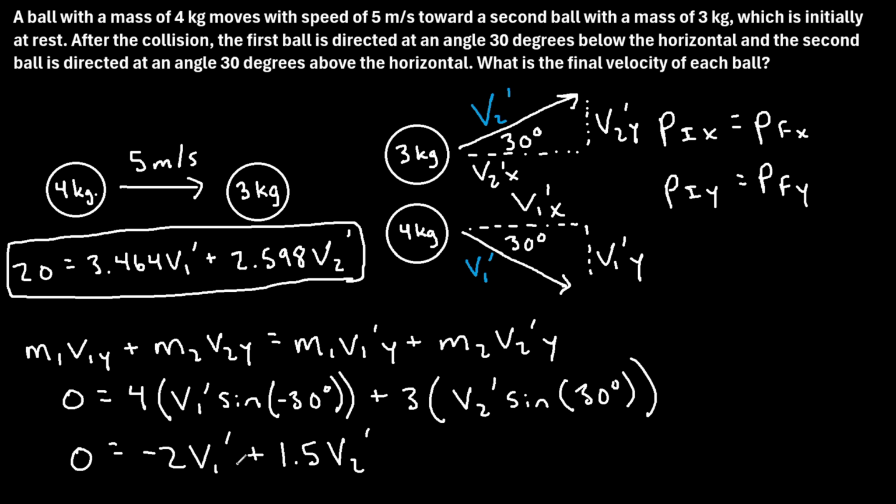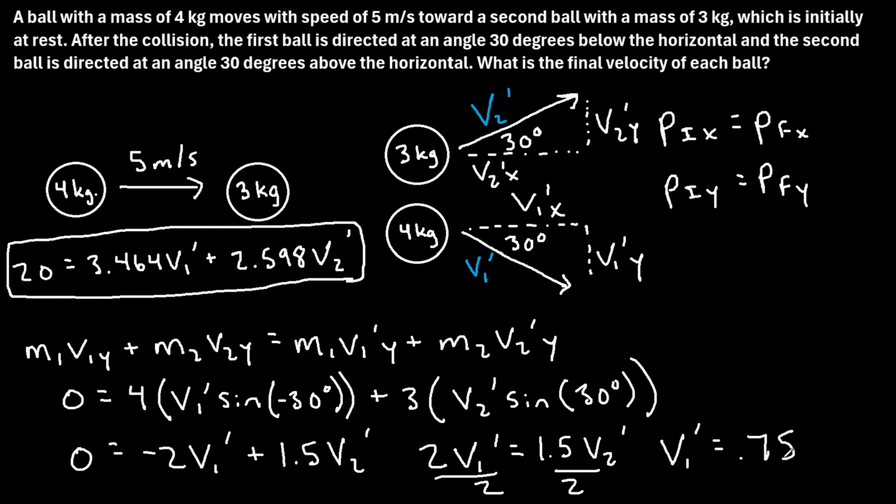Now, notice what we can do in this equation. We can move this expression to the left-hand side, so we get positive 2 times the final velocity of the first ball is equal to 1.5 times the final velocity of the second ball. We can solve for the final velocity of the first ball by dividing both sides by 2. So the final velocity of the first ball is equal to 1.5 divided by 2, which comes out to 0.75 times the final velocity of the second ball.